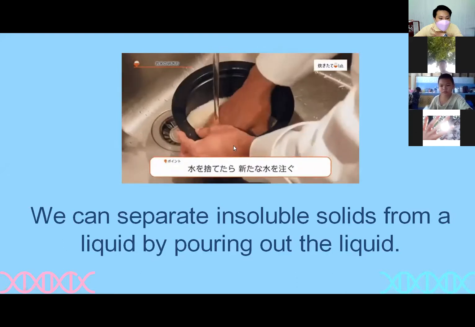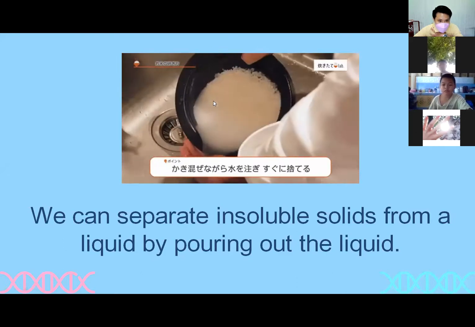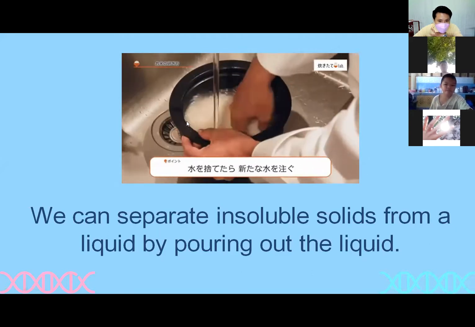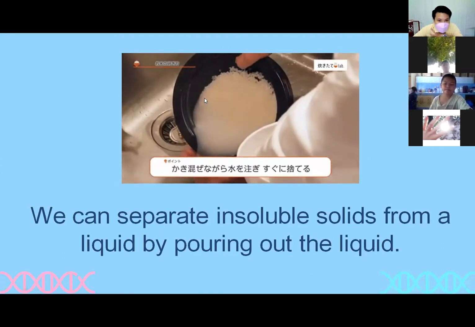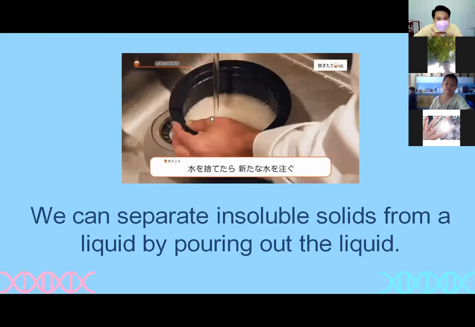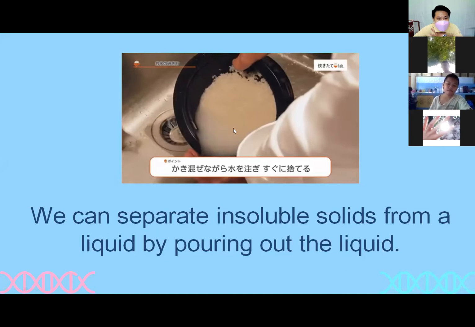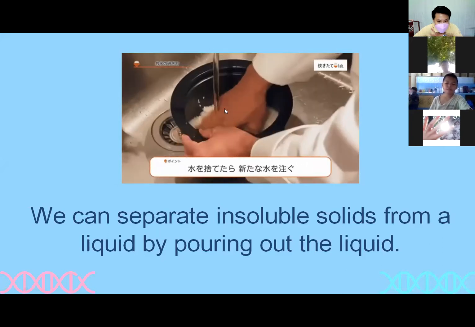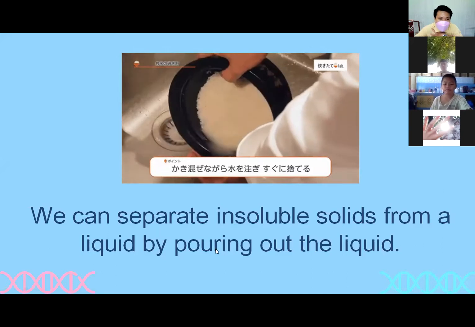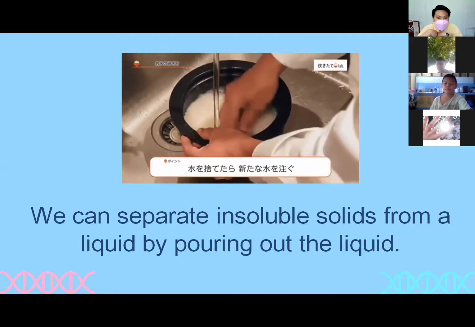Just like when you cook rice. So you have to clean first, right? When you are cleaning the rice, you have to put water. And then how can you separate the water and the solid or the rice? By pouring. Pour the water out of the pot.